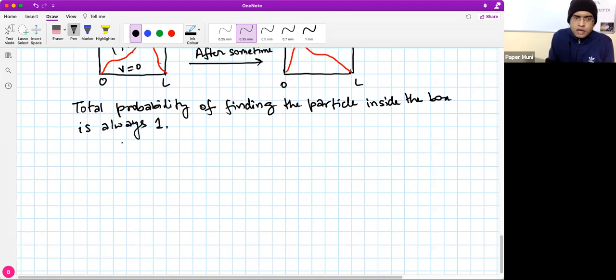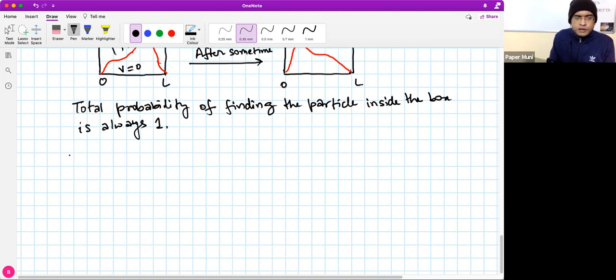I'll be discussing derivations which are important from your exam point of view, because questions are asked from the derivation. If some parameter is changed, what will happen? That is why I'll be doing some derivations in the course, and those derivations which are not required in the exams, I won't be doing; I'll just state them as they are.